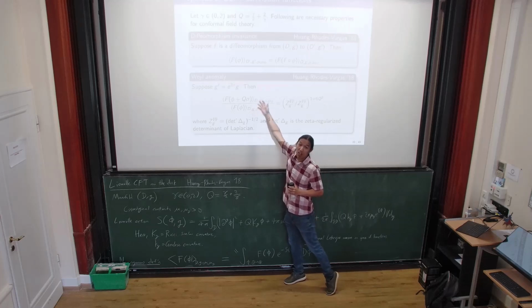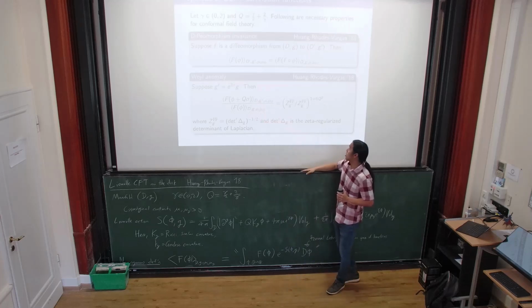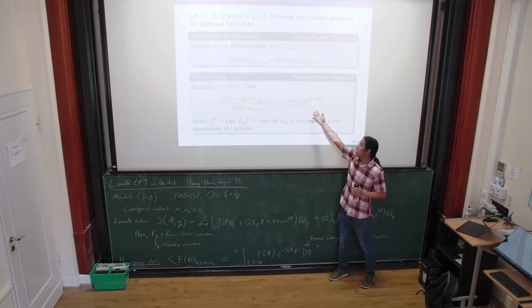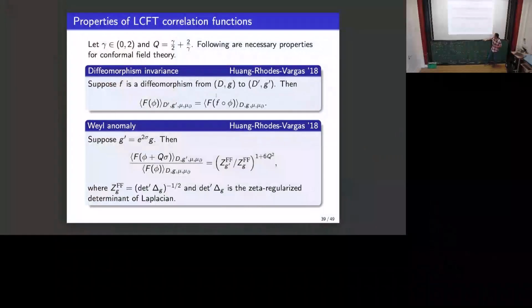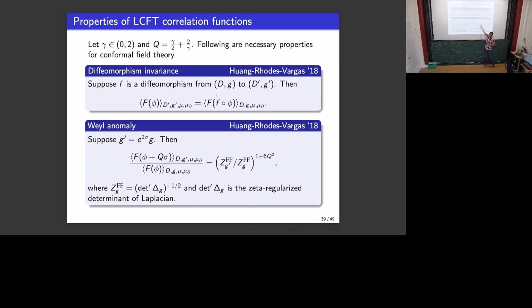The ratio of the correlation functions is just going to be given by the ratio of the free field partition functions to the power of 1 plus 6Q squared. And this quantity in the exponent here is the central charge. This could be said to be the defining property of the central charge from the perspective of correlation functions.